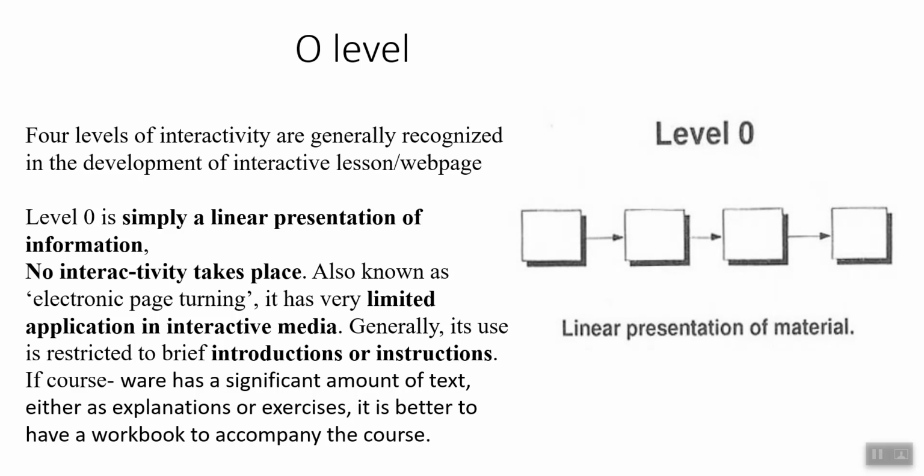Number 1 is simple linear information, meaning the information is just presented and no interaction takes place. It is a linear presentation of material. You read one material, go to the next, read material, go to the next. There are no interactions, and that is called level 0.